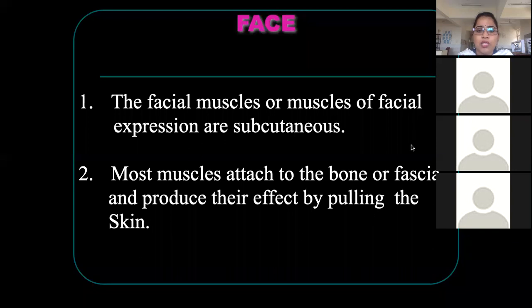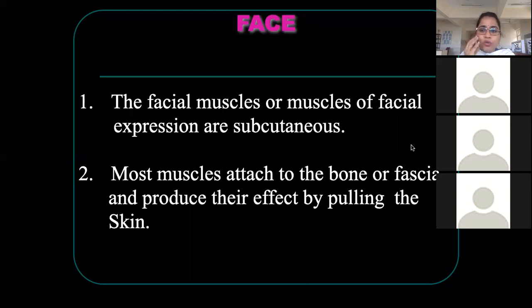So what is the most important point to remember? The face does not have deep fascia. There is an exception here. Not the entire face is devoid of deep fascia, except at the parotidomasseteric region. We have the masseter muscle here and the parotid gland here.